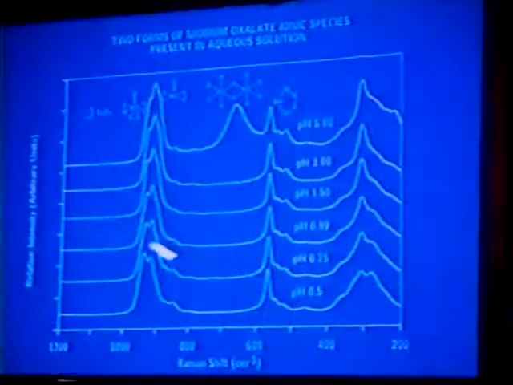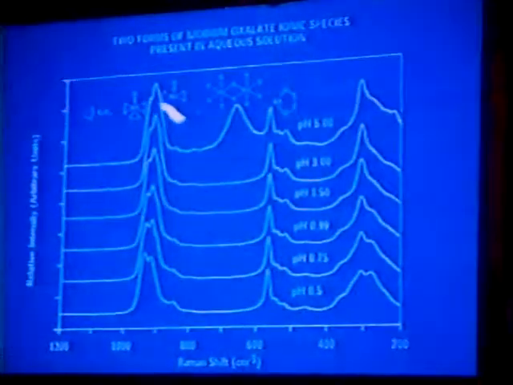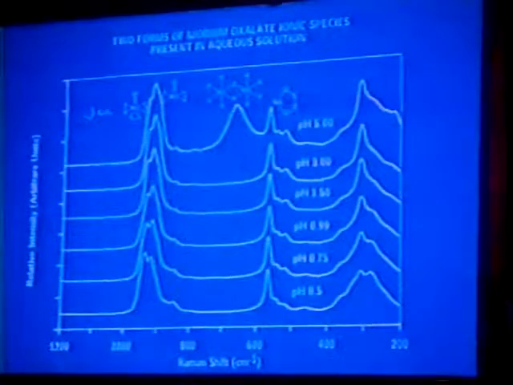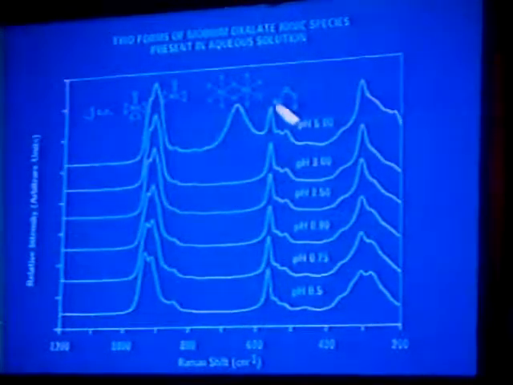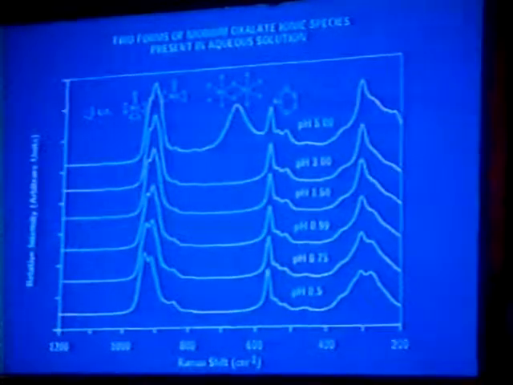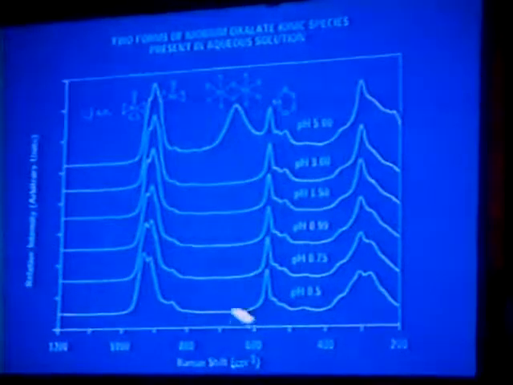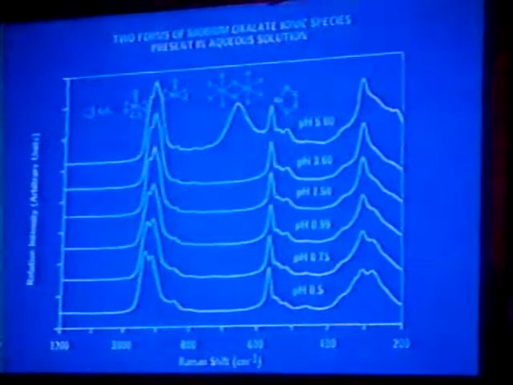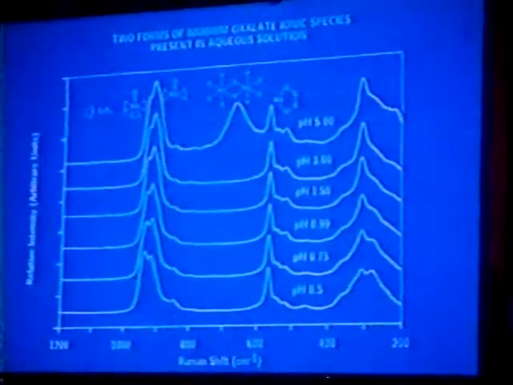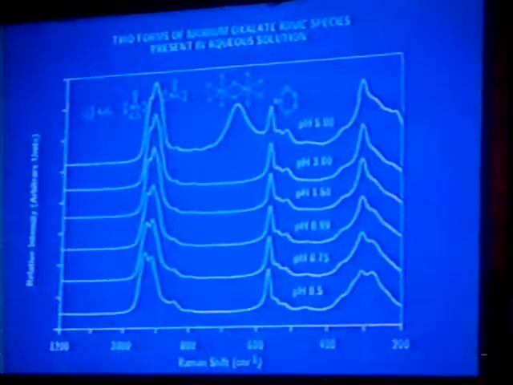The lower wave number band at 910 is assigned to 2 oxalate chelated to the niobium metal. Also, this niobium oxalate bidentate structure appears around 570. But at pH 5, an additional band is observed around 680. It is consistent with Nb2O5 crystallite. So we know at high pH, the niobium oxalate starts to decompose to Nb2O5.